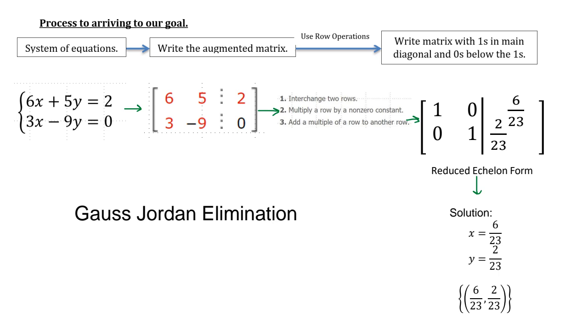The solutions for x and y for this matrix using row operations are x is 6/23 and y is 2/23. We are going to do this algebraically. It's called row operations. Some calculators or books also call this Gauss-Jordan elimination. What we do is row operations in order to get our desired outcome.